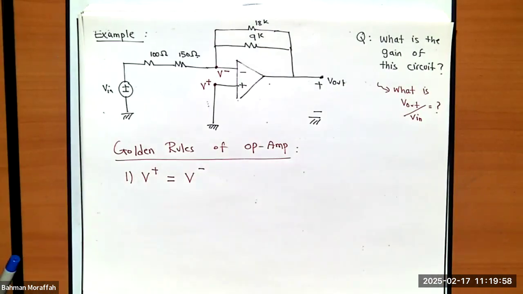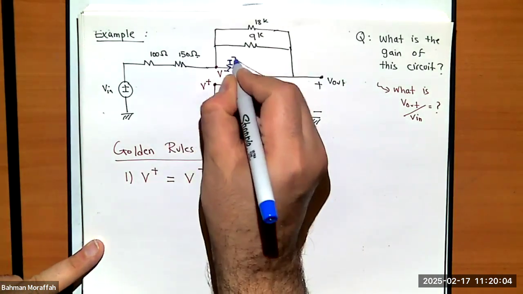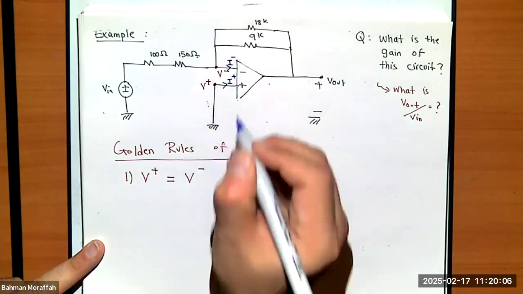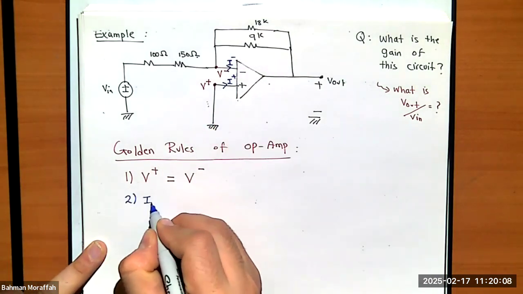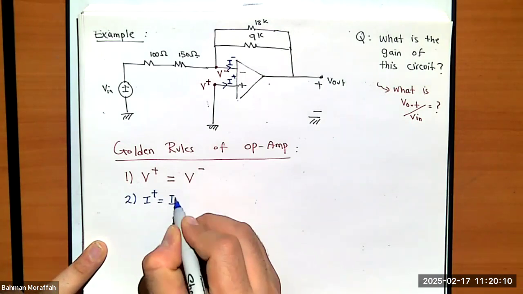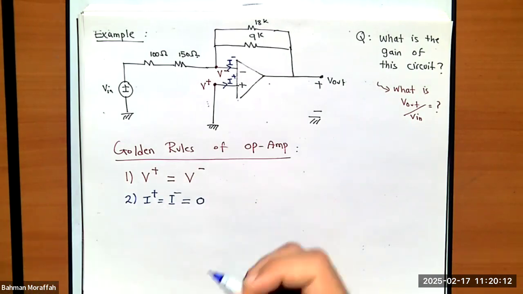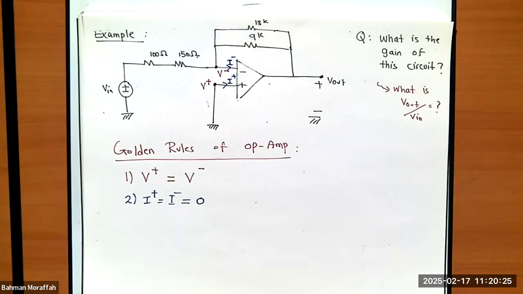And we also know if we call this current here I negative, and this current here I positive, I negative must be the same as I positive, and that must be 0. So I can use these two rules, apply them to the circuit, and find the ratio of V out over V in. Right? I can do that.